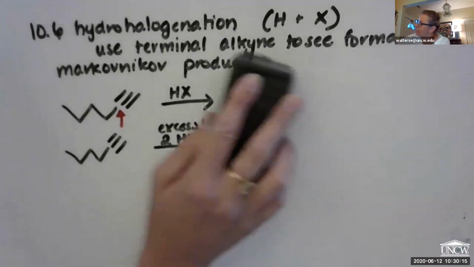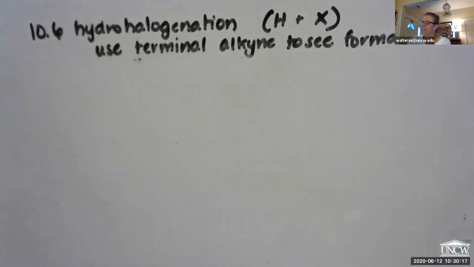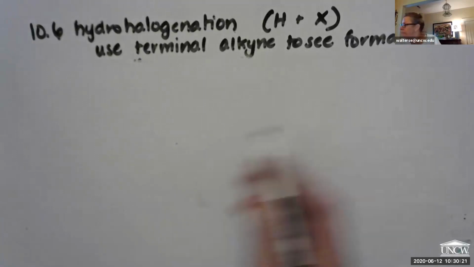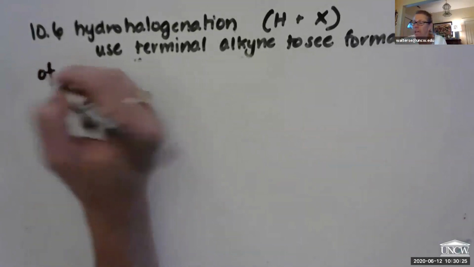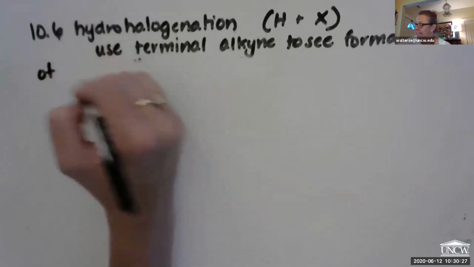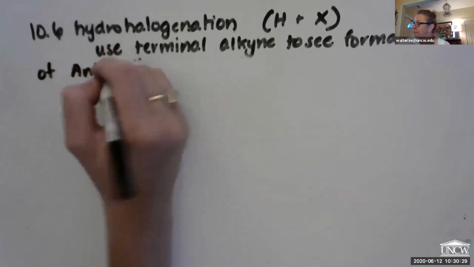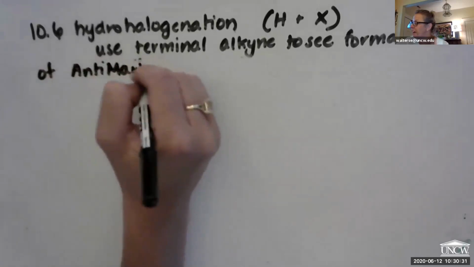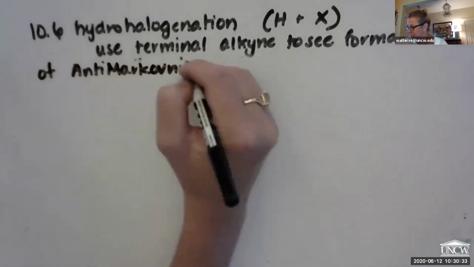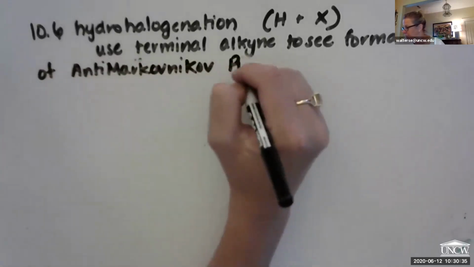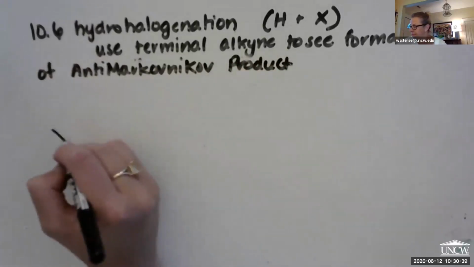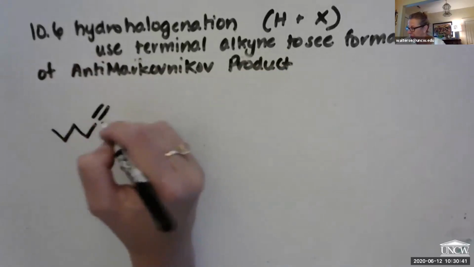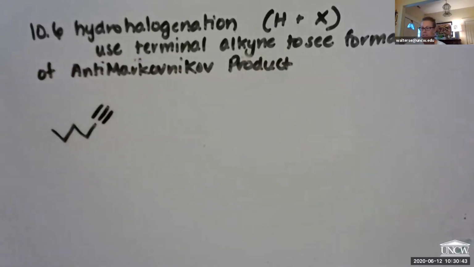Just like in the alkene chapter, you can use HBr in the presence of peroxide to make the anti-Markovnikov product. And you can do the same thing for alkynes. Okay, so terminal alkyne.